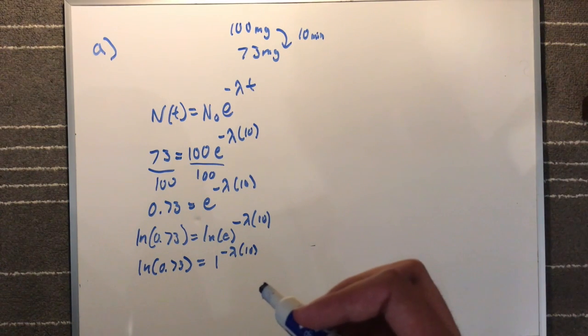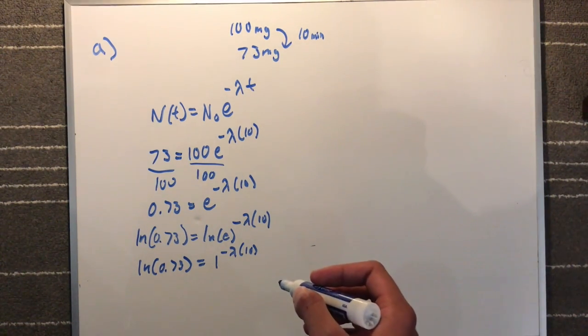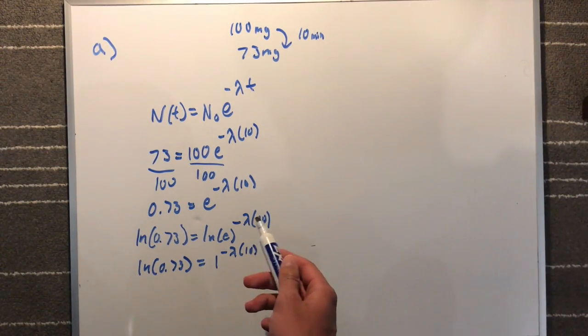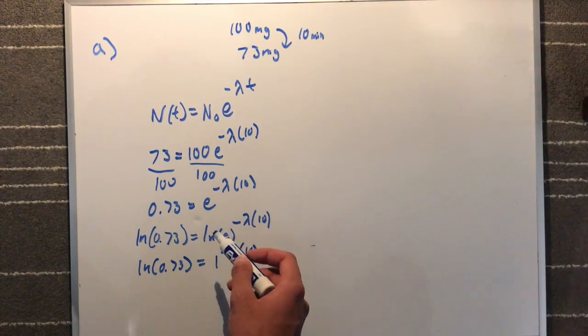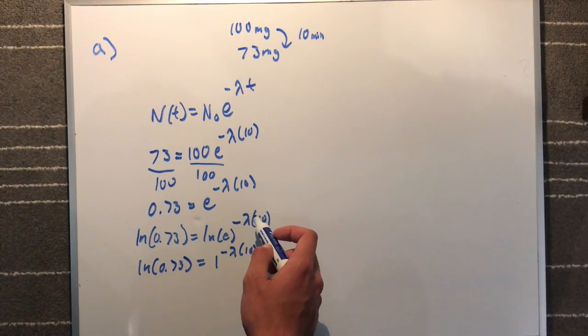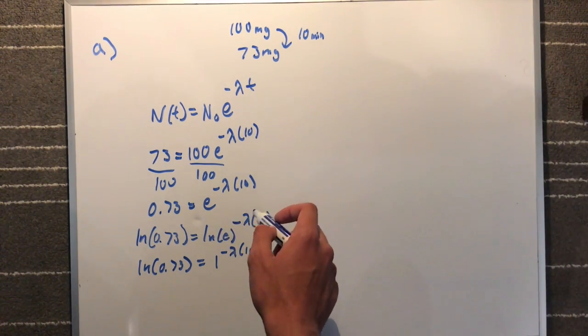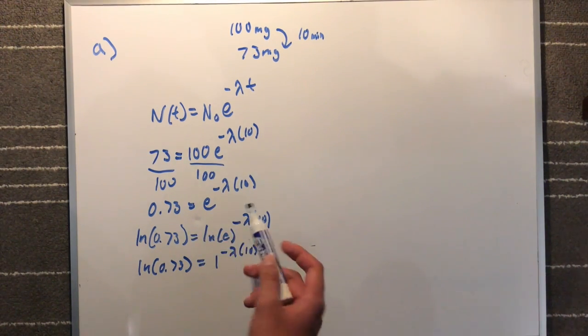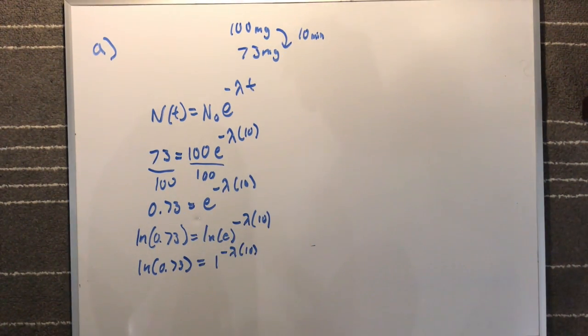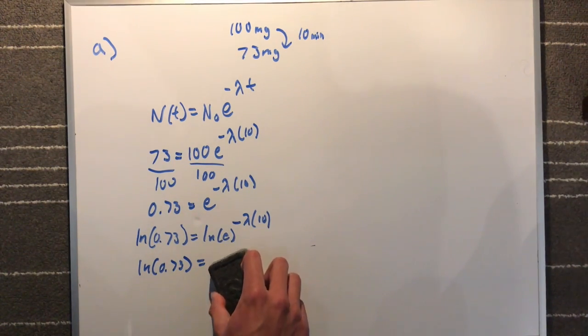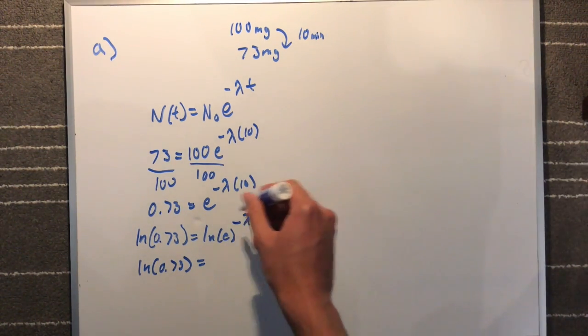Now when you take the log of something, you can bring the power down in front of it and multiply it to the ln. So we're going to erase this step, just showing you that ln e equals 1, and we're going to bring this down in front of it.